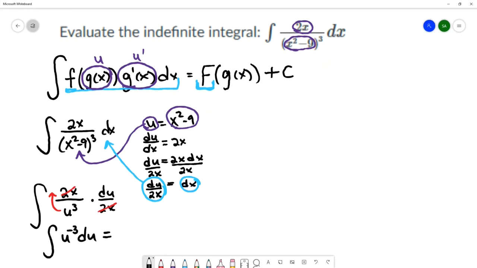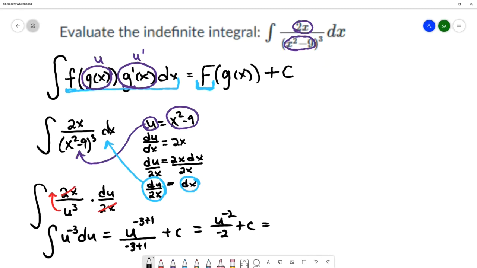Then I'm going to apply the power rule for antiderivatives. With the power rule, I add 1 to the power and divide by that new power. So this is u to the negative 3 plus 1 over negative 3 plus 1, plus c. And then I have u to the negative 2 over negative 2. I left off my plus c there.